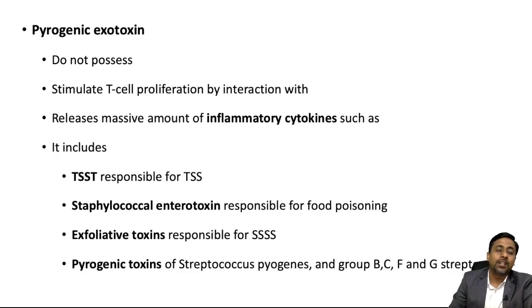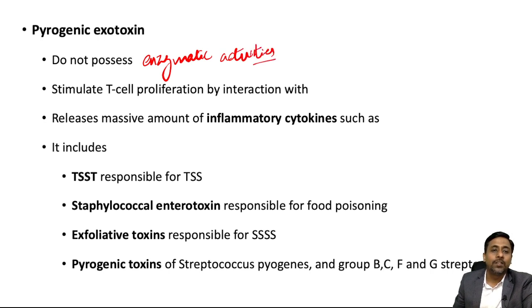Now, apart from these, there are certain toxins which do not have any enzymatic activity. So these are pyrogenic exotoxins. They do not possess any enzymatic activities. Okay. And what they will do is stimulate T cell proliferation by interaction with class 2 MHC on the antigen presenting cell.